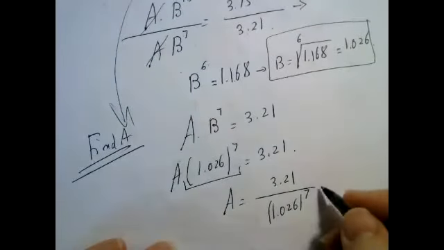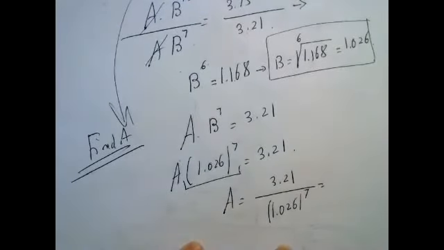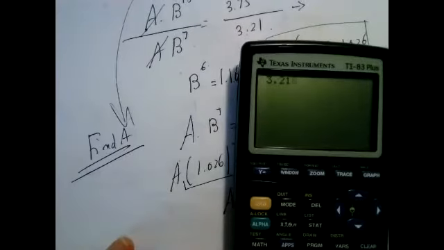Did anybody do it? Give me the answer to that. Do it and make sure we get the same answer, all of us. Uh, 2.682. Okay, all right, let's do it together.